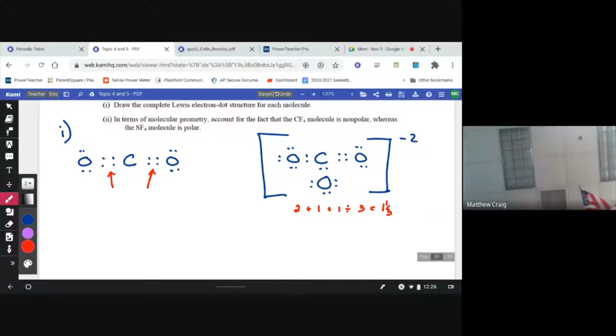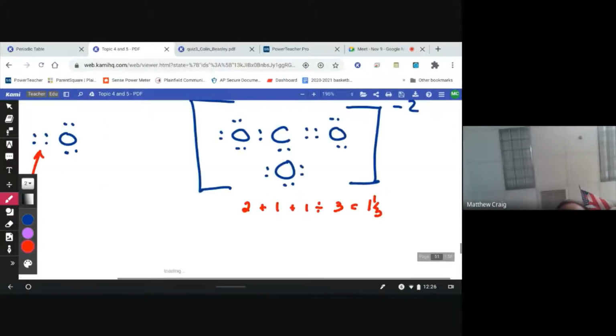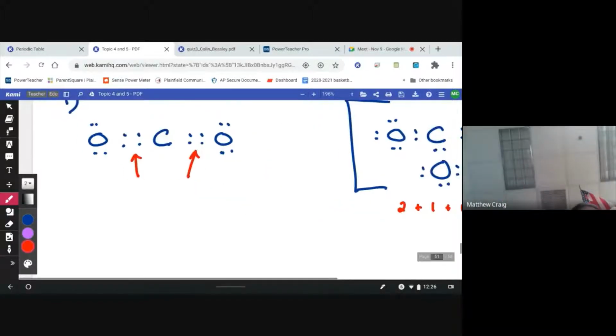So the average of all the bonds in carbonate are longer because of that resonance structure. And if you want to give it some numbers, like what I did there, it doesn't mean anything, but at least what it's saying is that you have, on average, 1 1/3 bonds between an oxygen and a carbon, whereas the average is 2, a double bond.